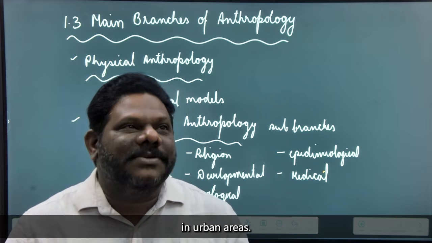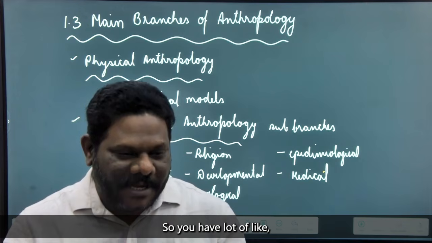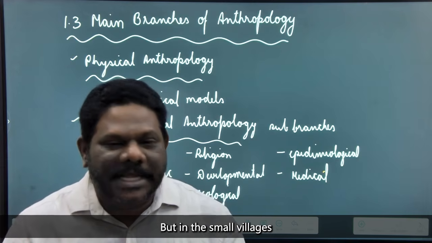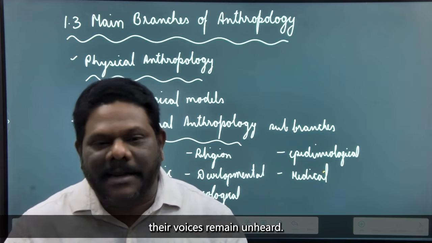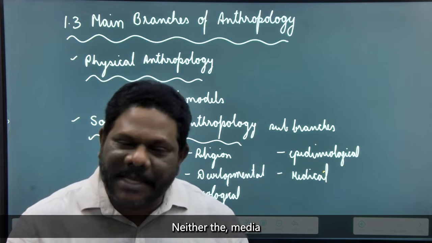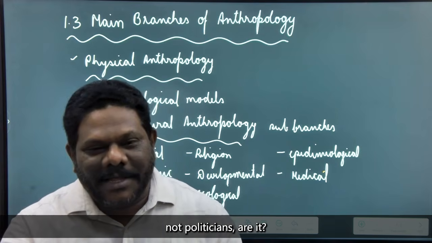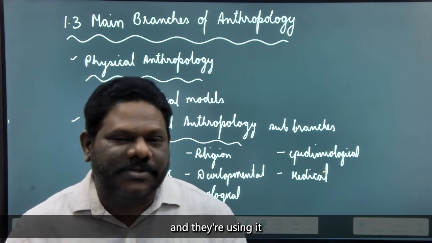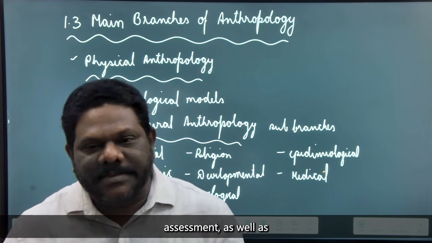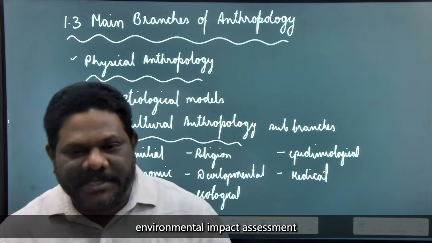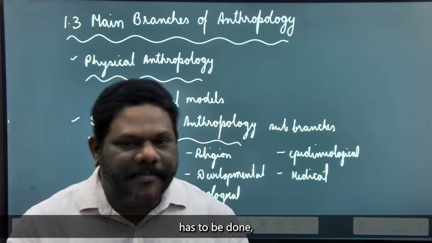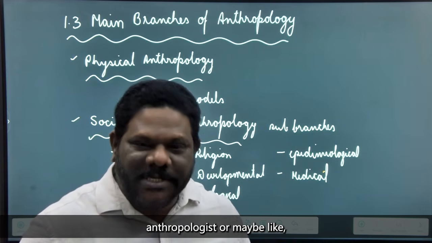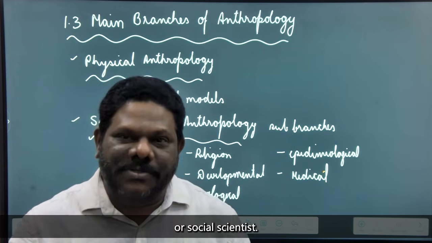In urban areas, it draws the attention of the media, but in the small villages and among tribal people, their voices remain unheard. Neither media is interested, nor politicians or even administrators, isn't it? So it is important that social impact assessment as well as environmental impact assessment has to be done, and that social impact assessment is done by socio-cultural anthropologists, or maybe sociologists or social scientists.